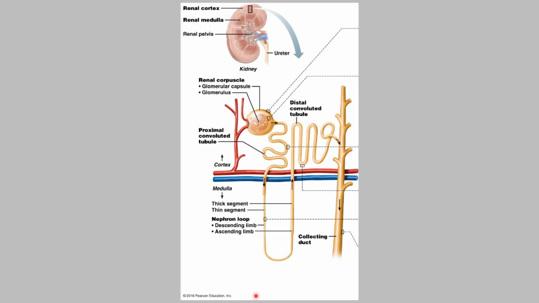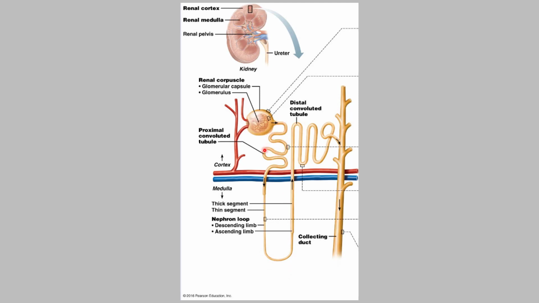As we've done a couple of times now, we're going to take a look at the nephron. Here is kind of an in-between view of a nephron. This is similar to the nephron that I say is the way that we draw it. It's a little bit more complicated, but it's still a very basic nephron.